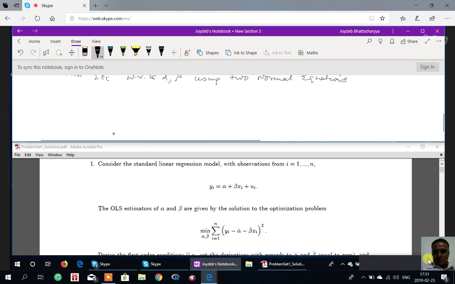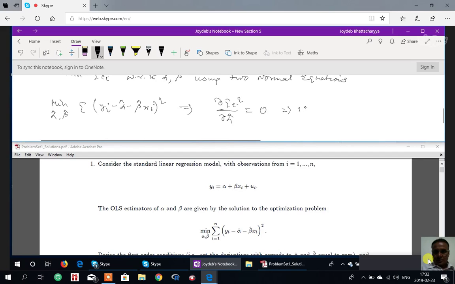So now, as you write, minimize with respect to alpha hat and beta hat. They write it in this way. We used to write in a different way also: the summation of yi minus alpha hat minus beta hat xi, square. Actually we use two normal equations. We write del summation ei square over del alpha hat and set it to 0.